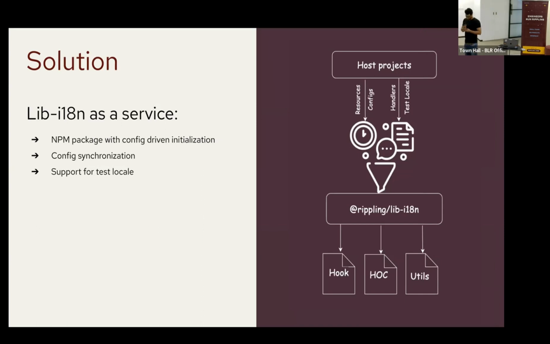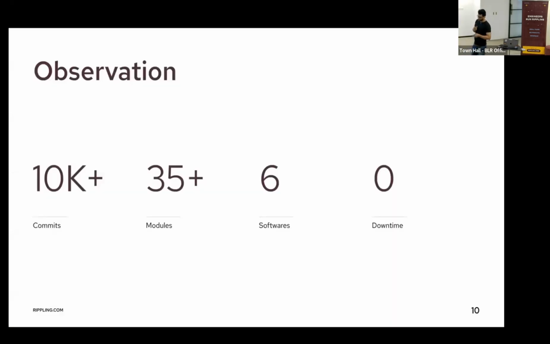This has worked really well for us. As of today, we have over 10,000 commits since we enabled this, over 35 modules using the service for externalizing their strings, 6 software using this library, and we have seen 0 downtime so far.